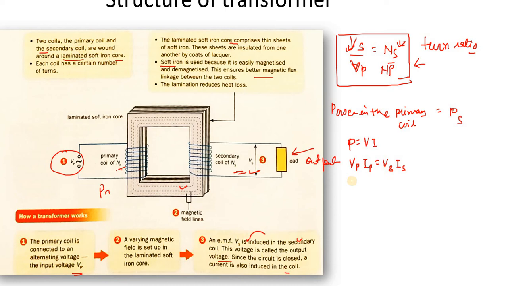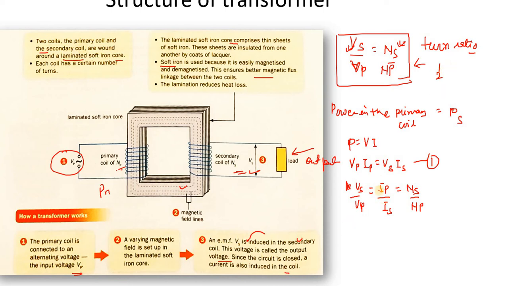So you can arrange this part. Vs by Vp is equal to what should I write? Ip by Is, and so it will be equal to your Ns by Np. So this is the data we have got if you combine this equation and this equation.